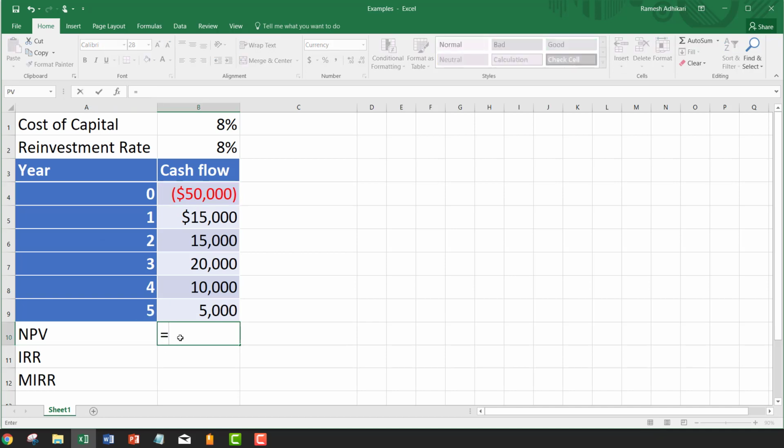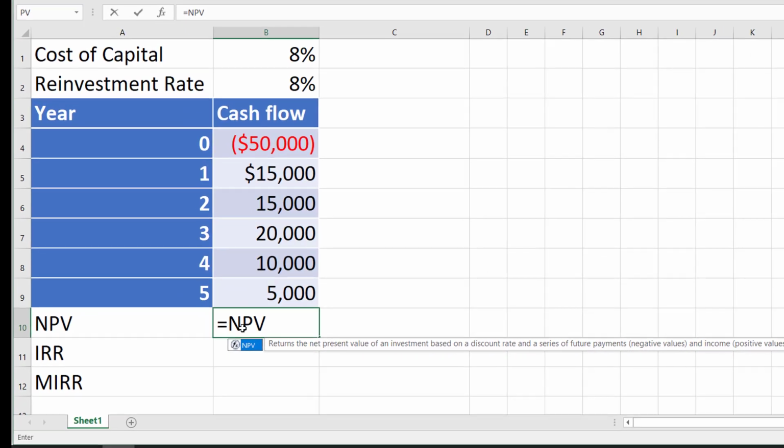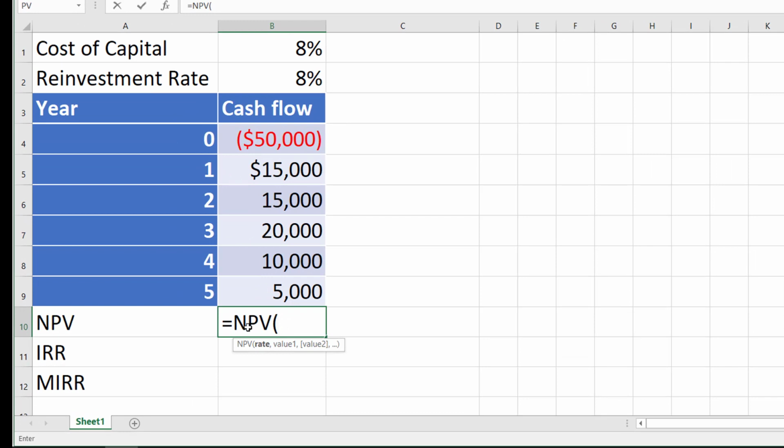Here, you start with an equal sign, right? Then NPV, and see the formula here. After you put NPV and the parenthesis, you see rate. That rate is the discount rate, and the discount rate is normally the cost of capital, comma, then all the values you want to discount.